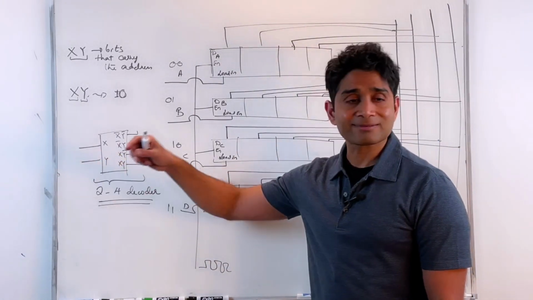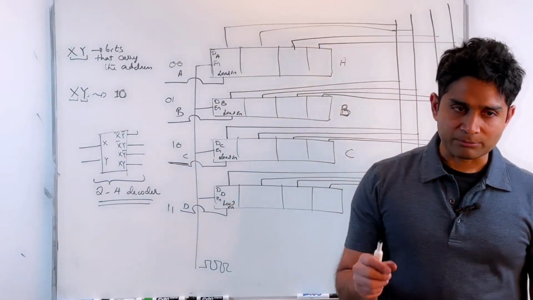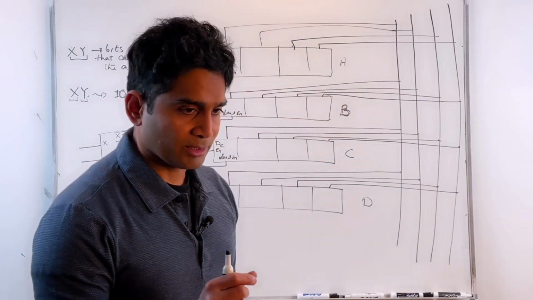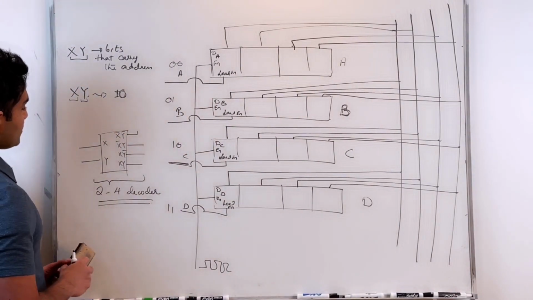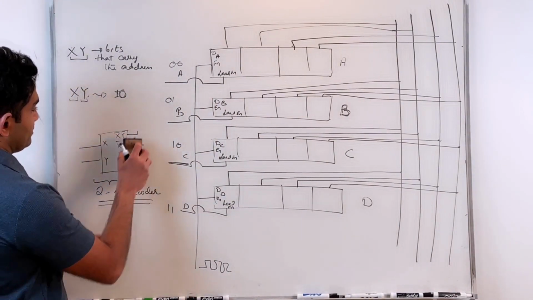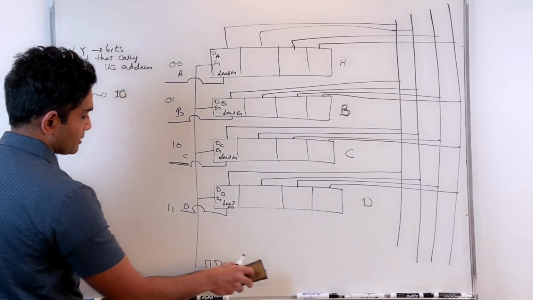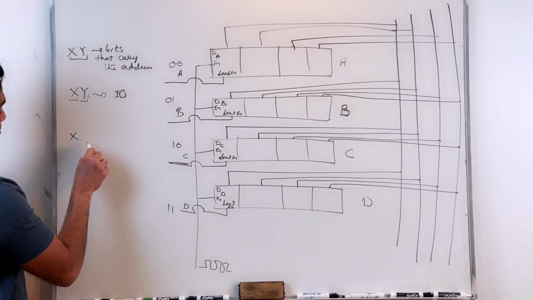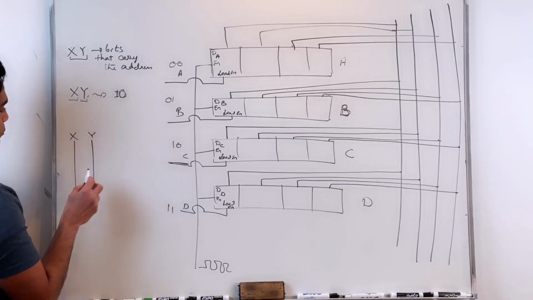Based on this code, just like a min term, which is unique for a given input, and only 1 min term is active at a given time, exactly the same way. All right. So that circuit should be pretty simple to construct now. 2 to 4 decoder. So X and Y, those are my inputs.